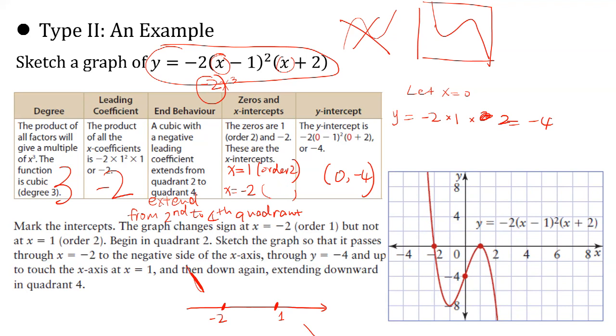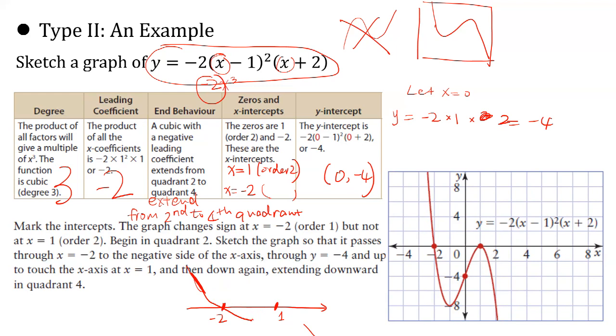And note that the zero at x equals -2 has an odd order, right? Because order 1 is an odd number. So the function should look like this. It will cross this point, because if the zero has an odd order, the function should change signs at this zero, right?